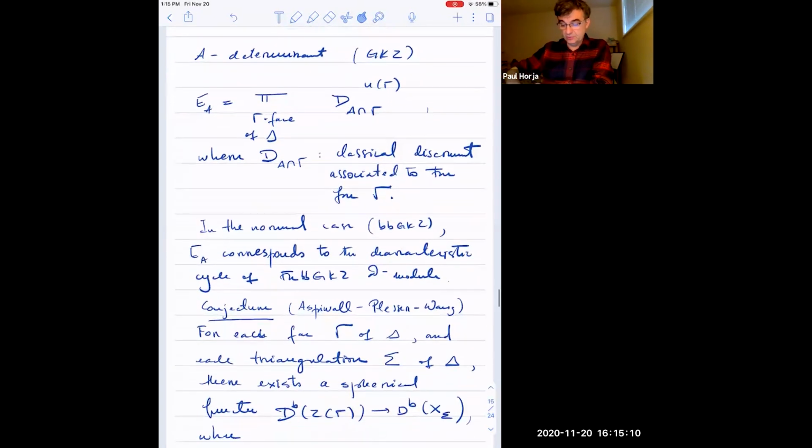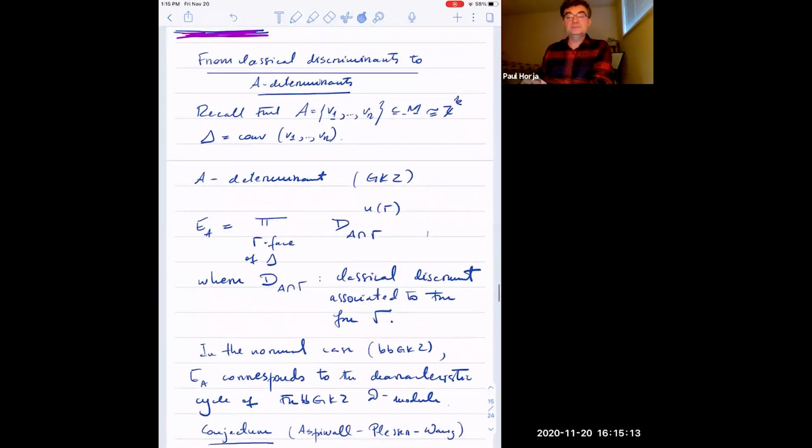What is important for us here is that this A-determinant gives, on the nose, at least in the case of the BBGKZ, or in the normal GKZ case, normal set A, the characteristic cycle together with the multiplicities of the D module that we're studying. So in a way, we have an algebraic shortcut for understanding these components.